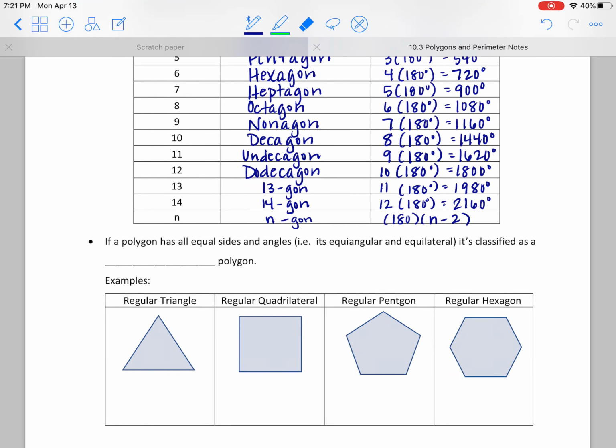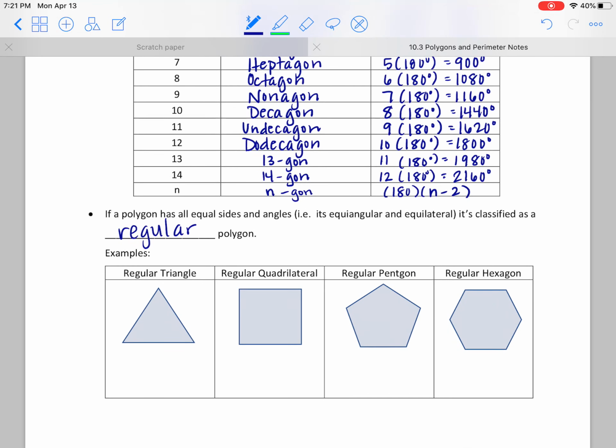Now, if the polygon has all equal sides and angles, meaning it's equiangular and equilateral, we call it a regular polygon. A regular polygon. Okay, so we saw regular triangles yesterday. Regular triangle has 3 equal sides and 3 equal angles.